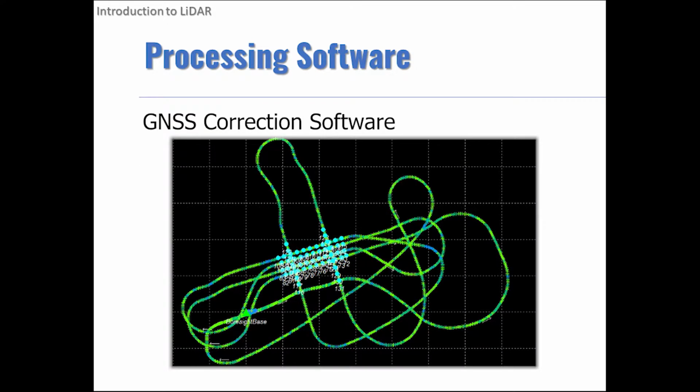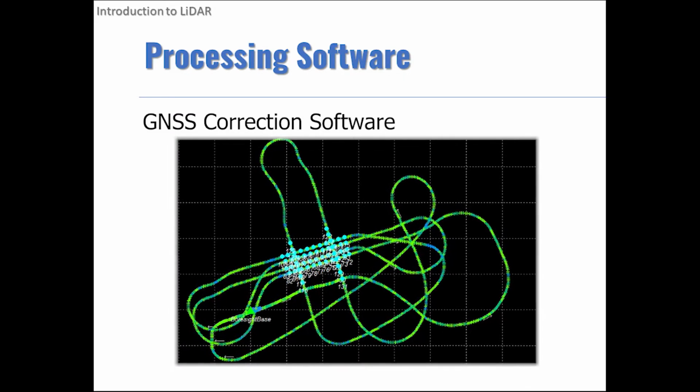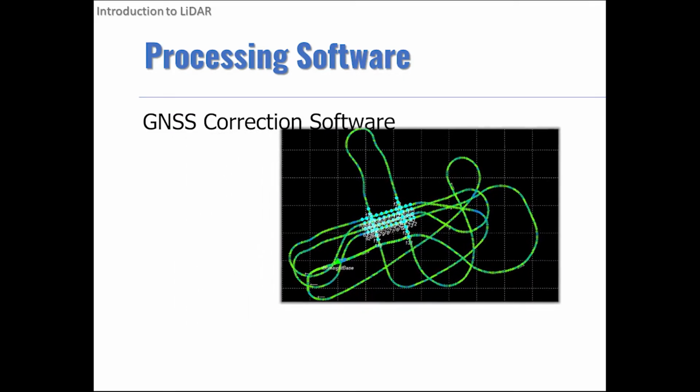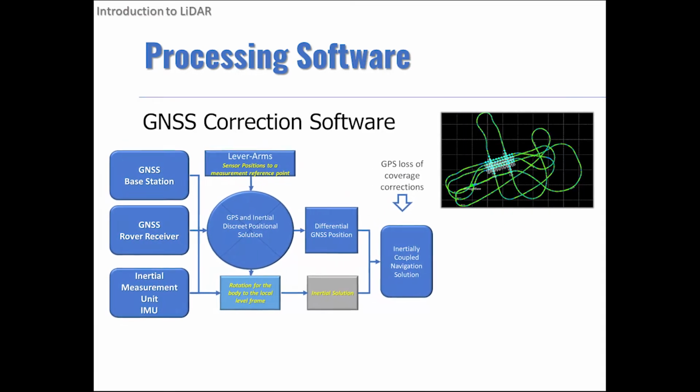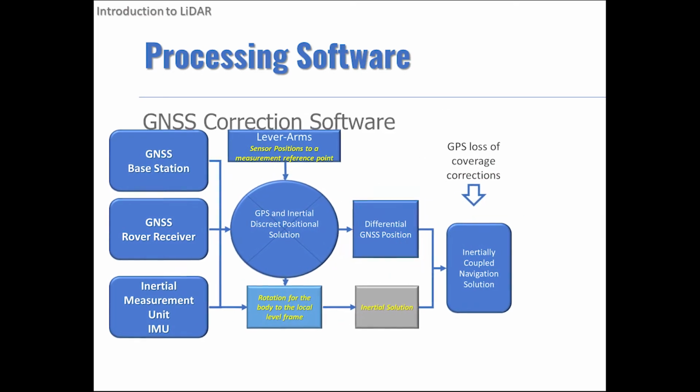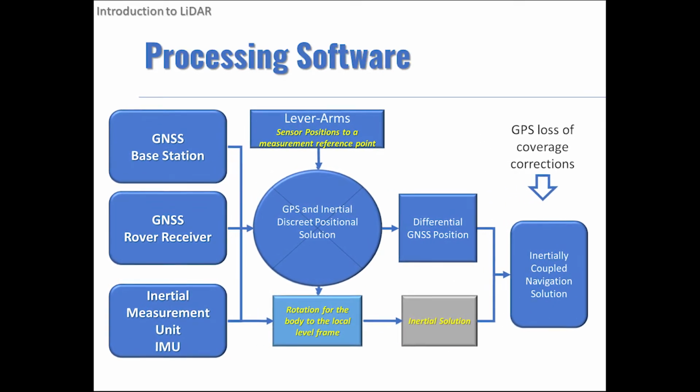GNSS correction software corrects for small GPS errors caused by slight timing and inertial errors. This software takes all the discrete GPS positional fixes and corrects for GPS positional error and gaps in GPS coverage.